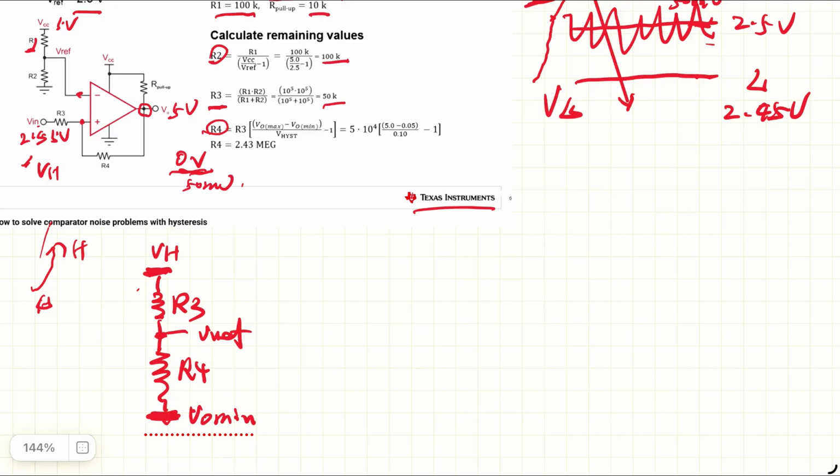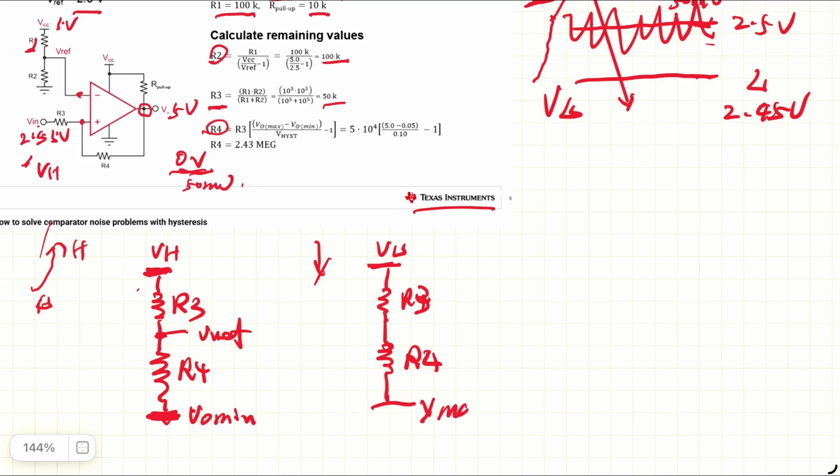If we look at another situation, where the voltage is going from high to low, you will see very similar circuitry. We have V low as the input, which goes through R3, and R4, and this should be V out max.